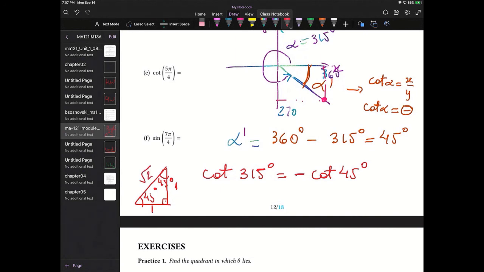But cotangent of 45, remember, is the adjacent side of the triangle over the opposite side. Both adjacent and opposite side are equal to 1. So this is 1 divided by 1, which is 1. So cotangent of 315 is negative 1.